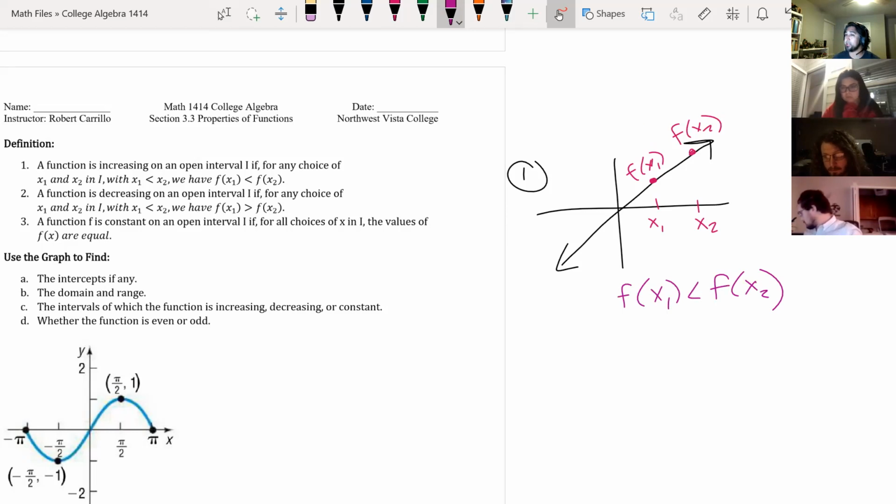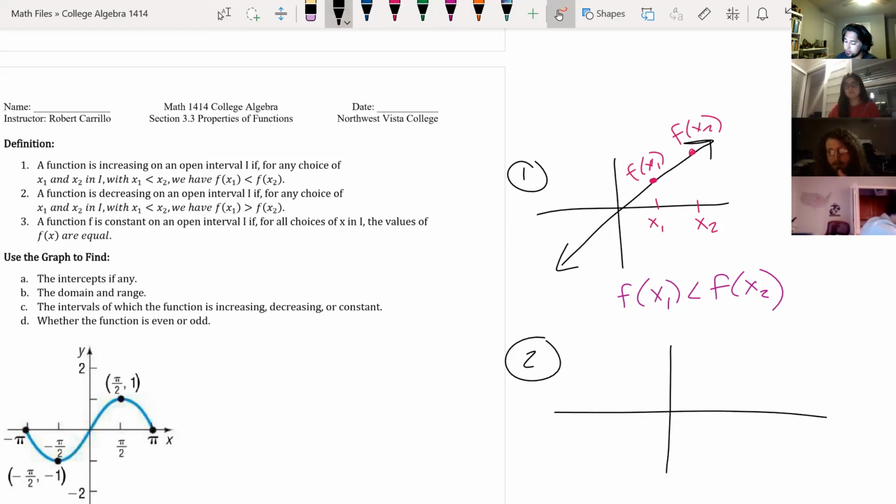A function is decreasing on some open interval if for any choice of x1 and x2 on the interval where x1 is less than x2, the y value of x1 is greater than the y value of x2. You can do it again, and just really simple, you can go this way now.